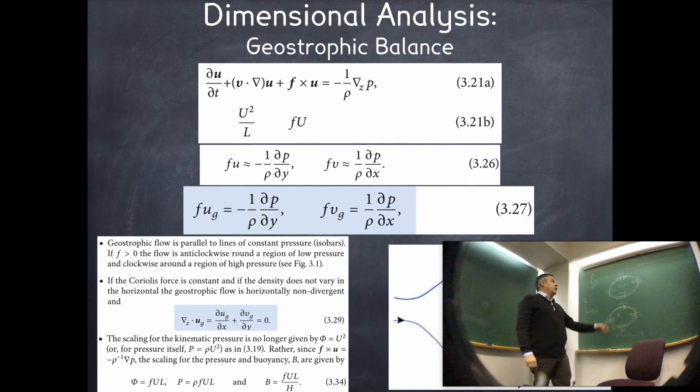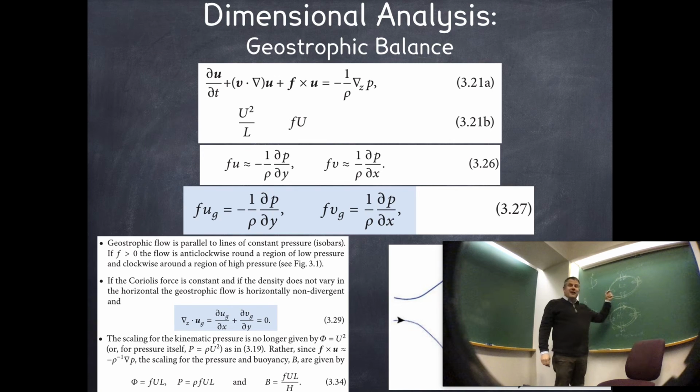In the northern hemisphere, cyclonic is counterclockwise, anticyclonic is clockwise. In the southern hemisphere, cyclonic is clockwise, anticyclonic is counterclockwise. Why is that? Because f changes sign. When you're looking from the bottom, it's going the other way.